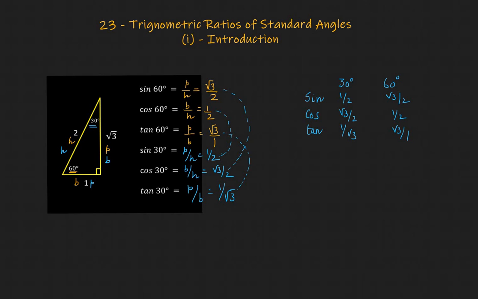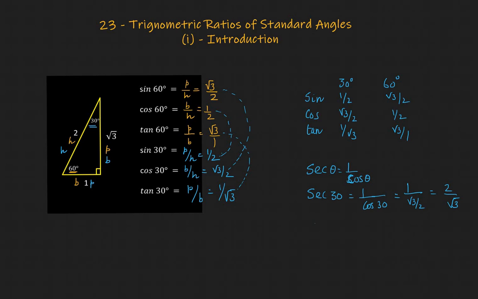Now it's easy to think of the complementary functions, for example secant theta, which is 1 by cos theta. So in general, secant 30 would be 1 by cos 30, and that would be equal to 1 by root 3 by 2, which is 2 by root 3.